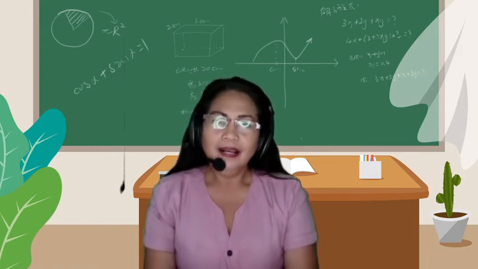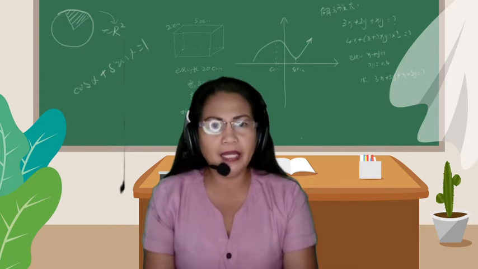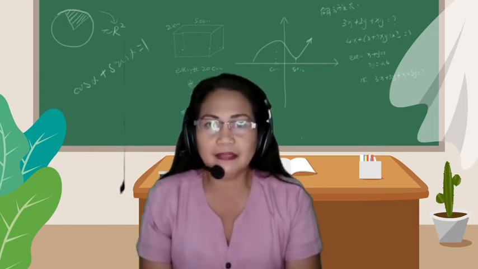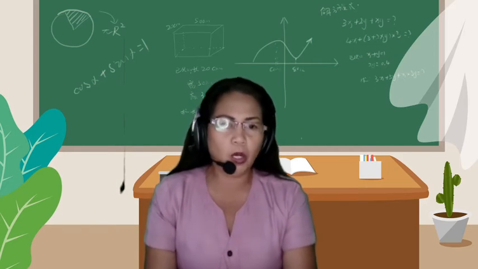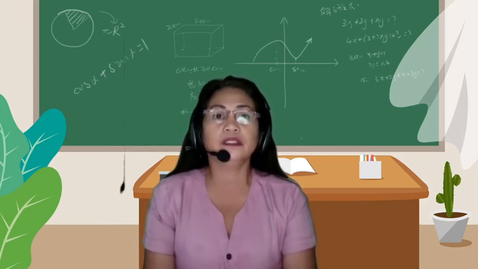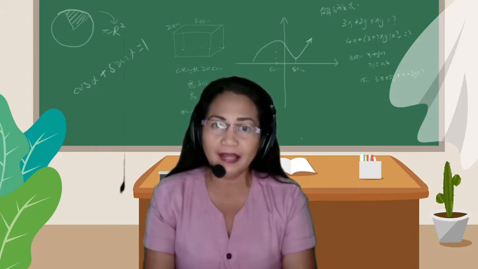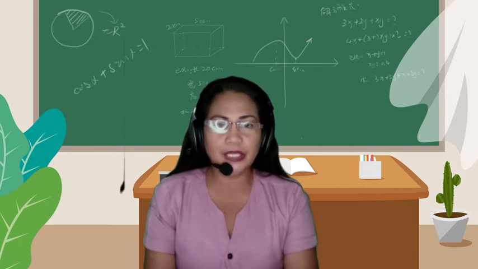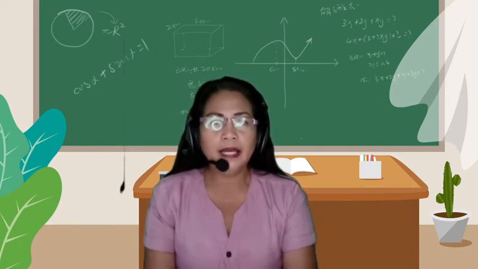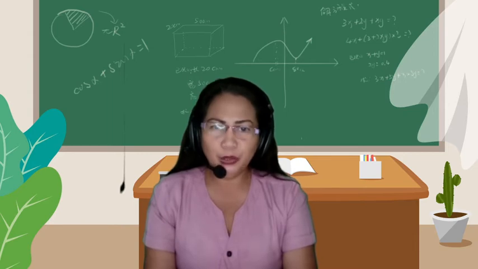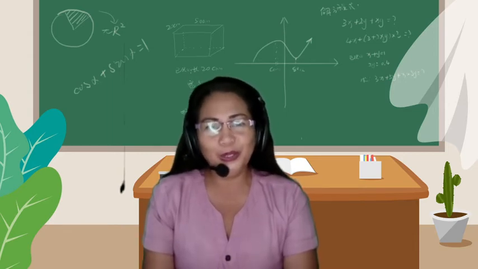So if you find it a little bit difficult, or you didn't understand the lesson well, then you can go back to the presentation, and I'm sure you will understand it.